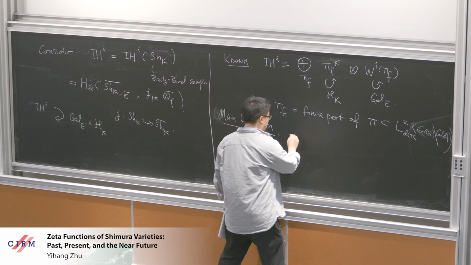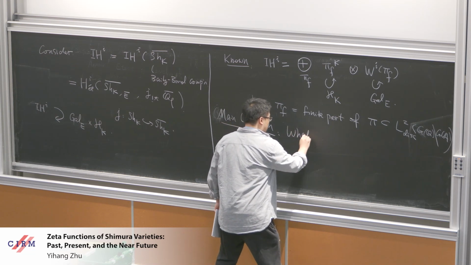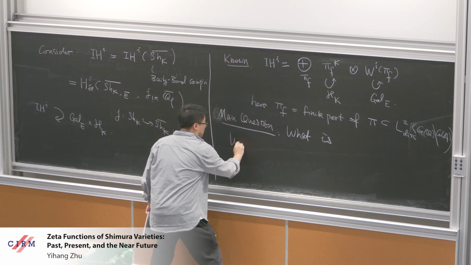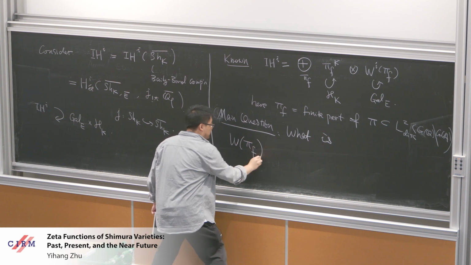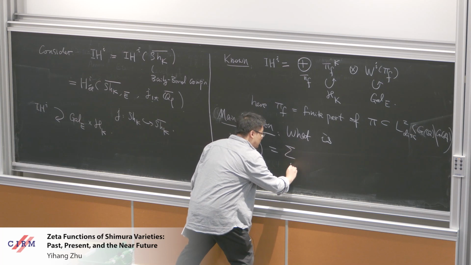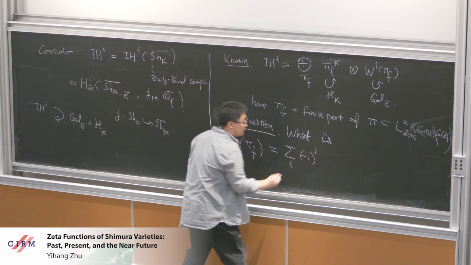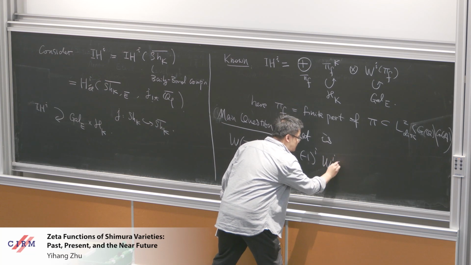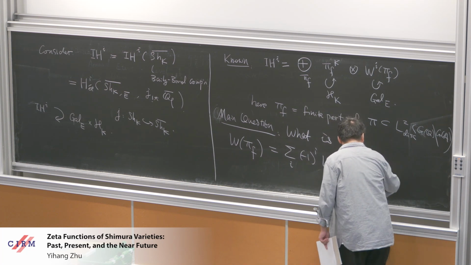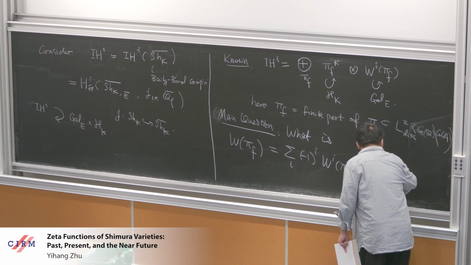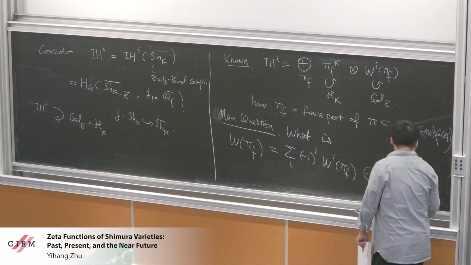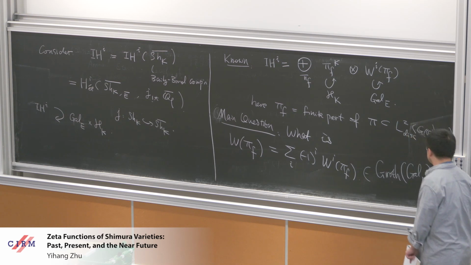Namely, I define W(pi_f) to be the formal alternating sum over the degree i of these Galois representations W^i(pi_f). And I think of this as an object in the Grothendieck group of Galois representations of E. Okay, so the main question is to understand this object.